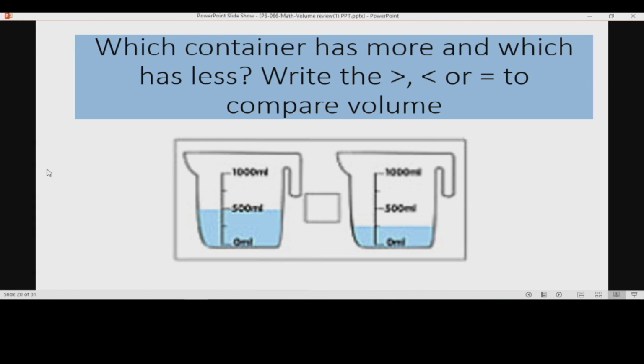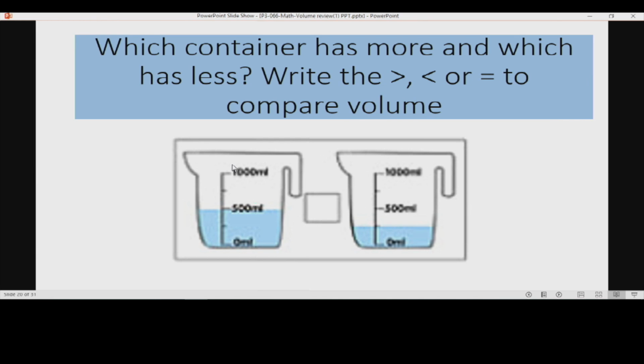So let's have a look. Which container has more and which has less? Container A or container B? Container A has how much? 500 millilitres. Container B has less, about 250.